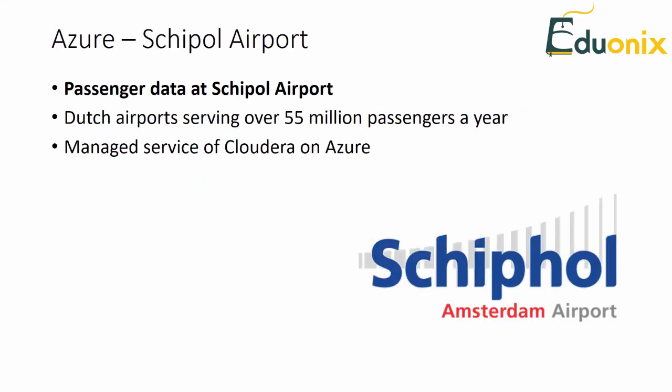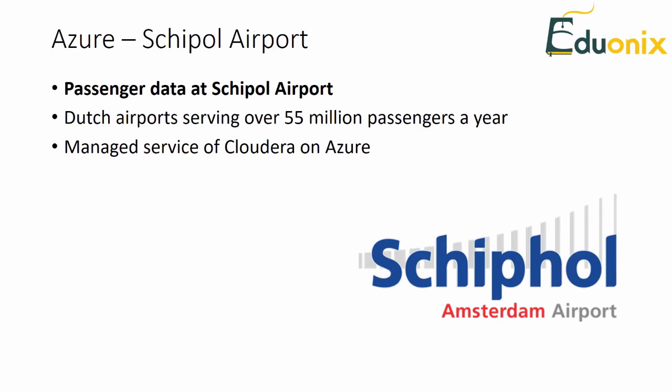Let's look at the airport information. Schiphol Group, the company that operates Dutch airports serving over 55 million passengers a year, consolidated all its data in a scalable big data infrastructure using the latest technologies to ensure privacy and security.